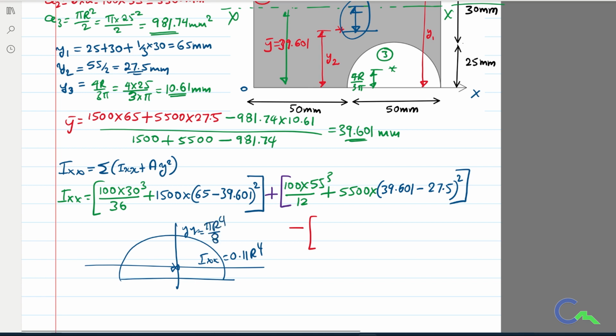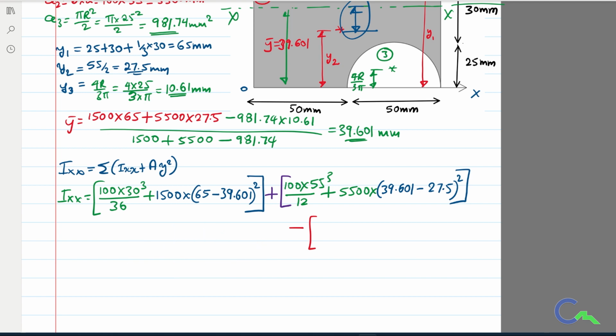So here I want Ixx, that is 0.11 r to the power 4, where r is 25, plus area. The area we got is 981.74, into the distance.